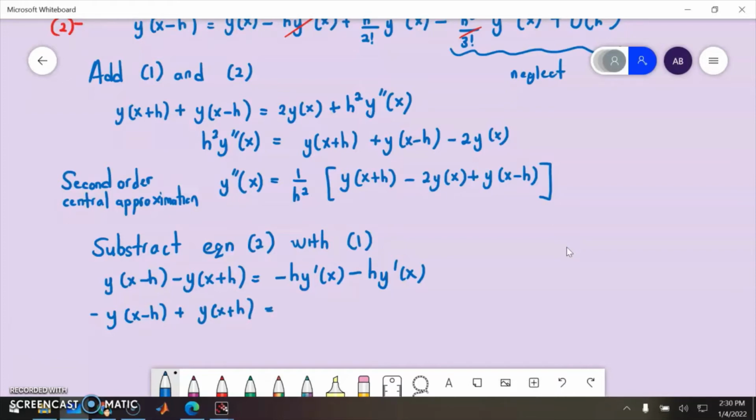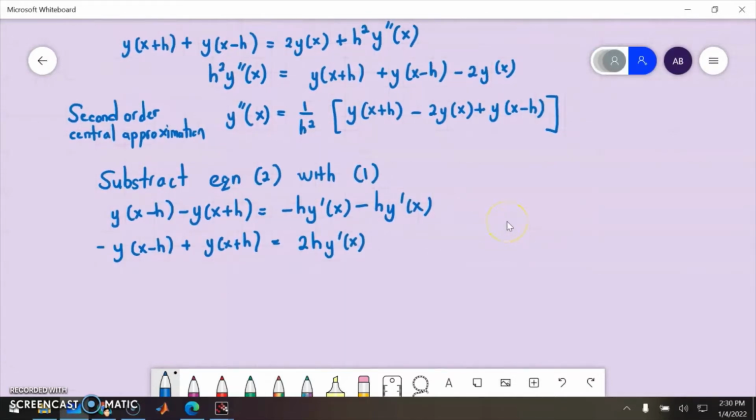Taking out, this will be negative h minus h, so 2h y'(x). That leaves me with y'(x), divided by 2, so 1 over 2h [y(x + h) - y(x - h)]. Okay, so this is the first order central approximation.